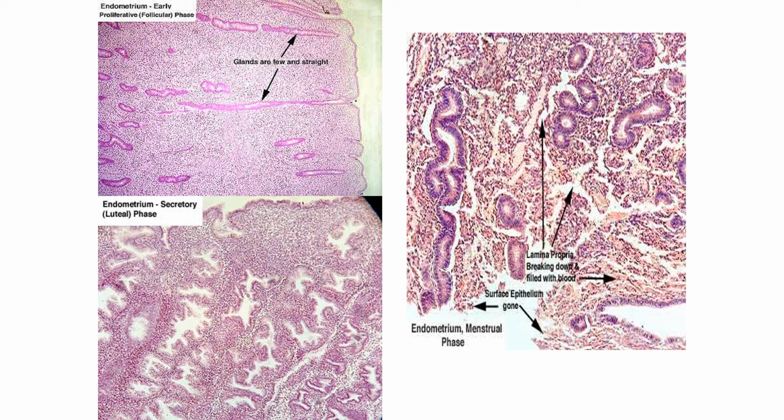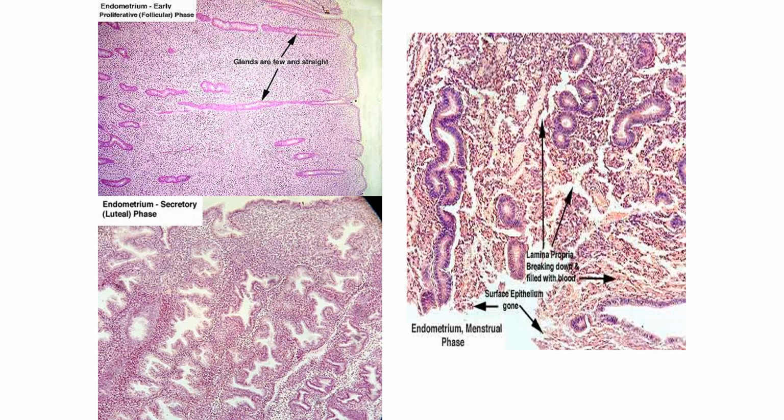Then there is proliferation from the basal portion, the initial lining is formed, and the glandular portion is also formed, and they are invaginating into the lamina propria as the uterine glands.